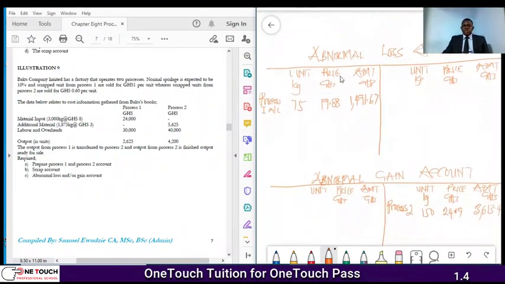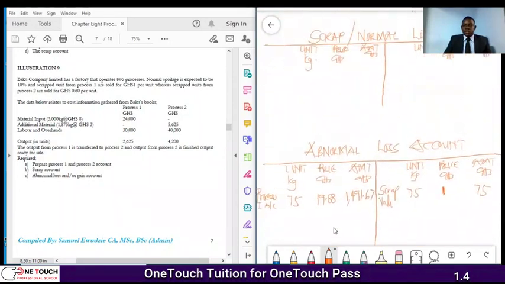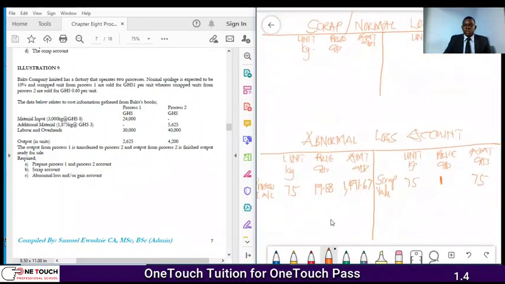And we're told that normal loss in process 1 can be scrapped for 1 cedi. So the scrap value for this is 75 at 1, which is 75 cedis. Okay, so we come to the scrap account. Debit it with abnormal loss, 75 at 1, 75 cedis.